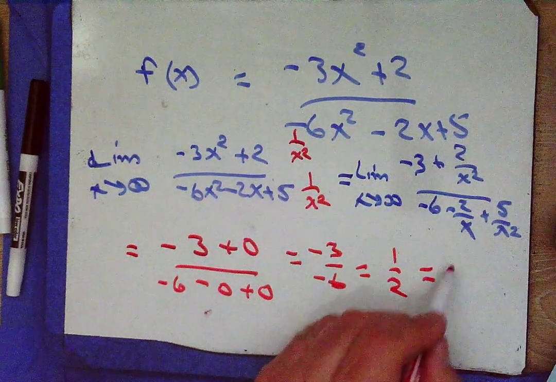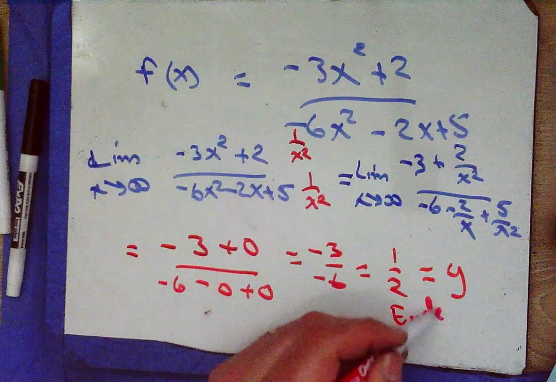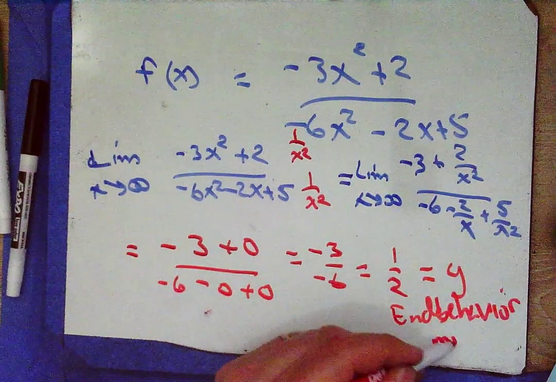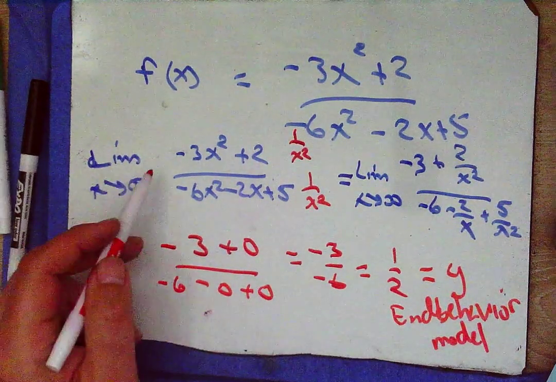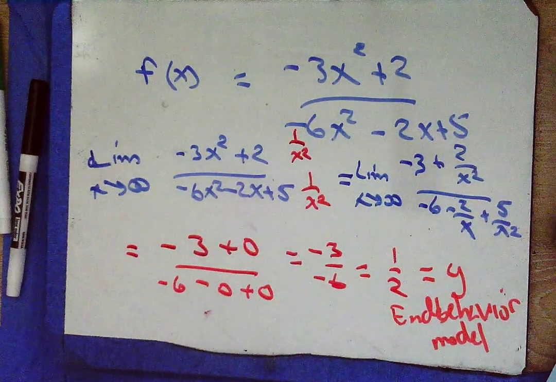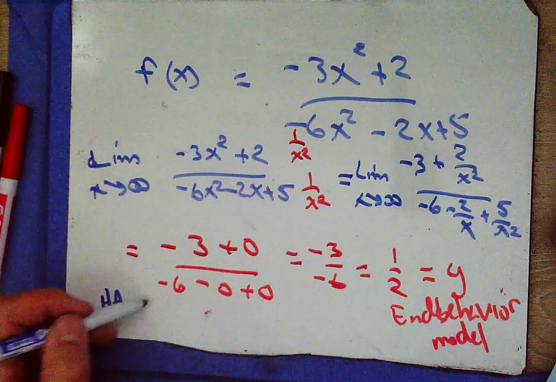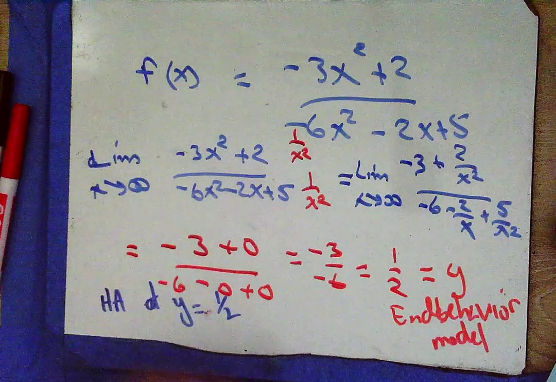So I know that y equals 1/2 is my end behavior model, but I also know that the value of this limit is 1/2. So that's my horizontal asymptote at y equals 1/2.